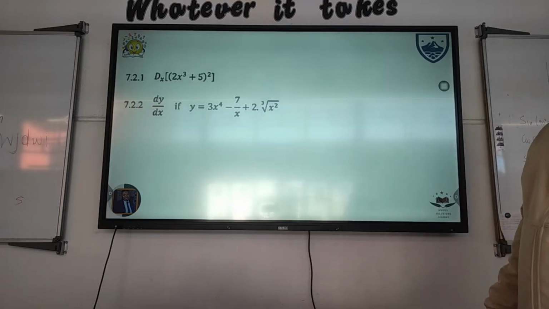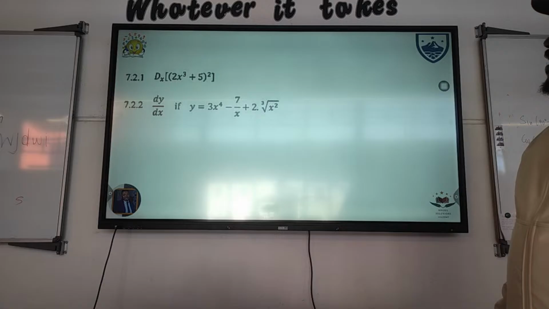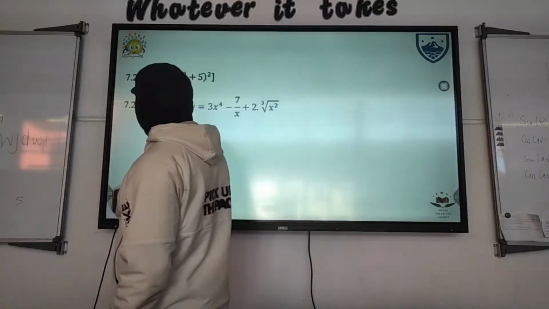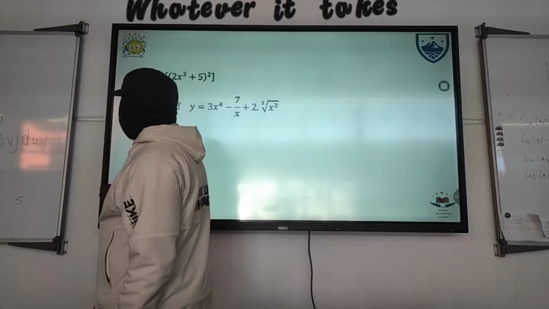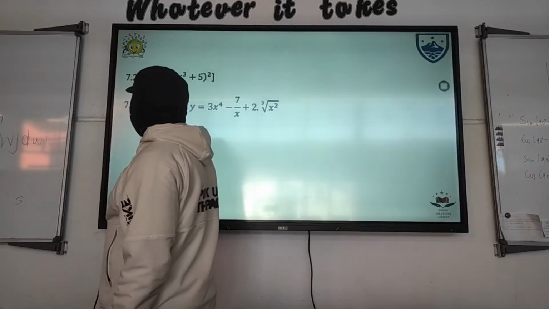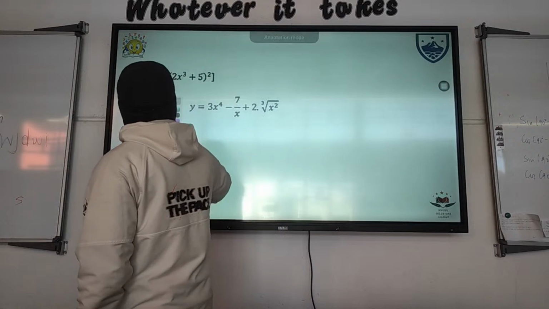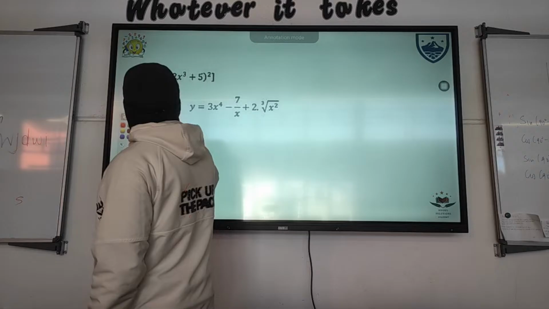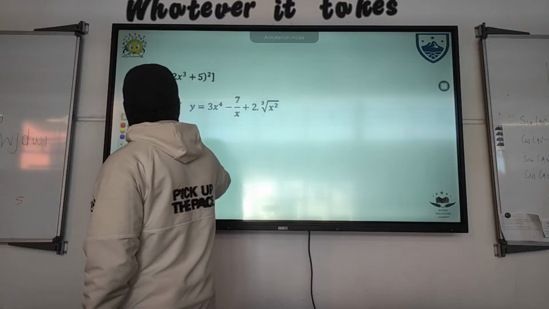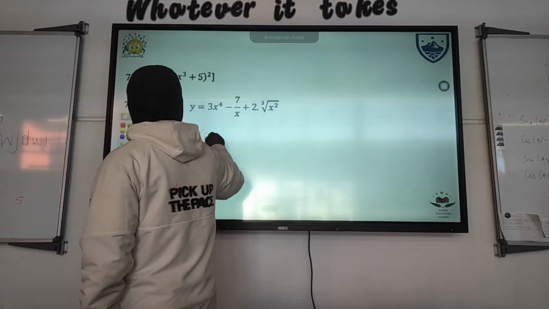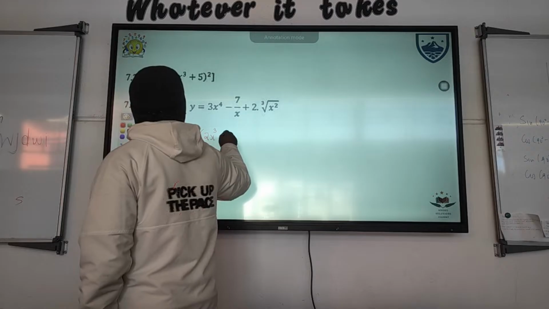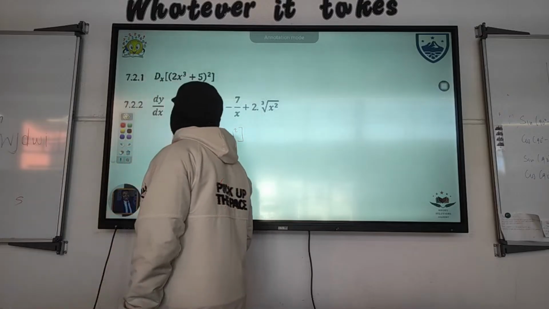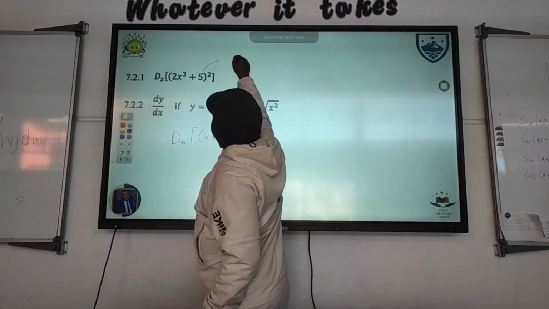So we have the x, we have the y. Let's go with the x first. I'm going to be a bit quick now. We have 2x to the power of 3 plus 5, all squared.